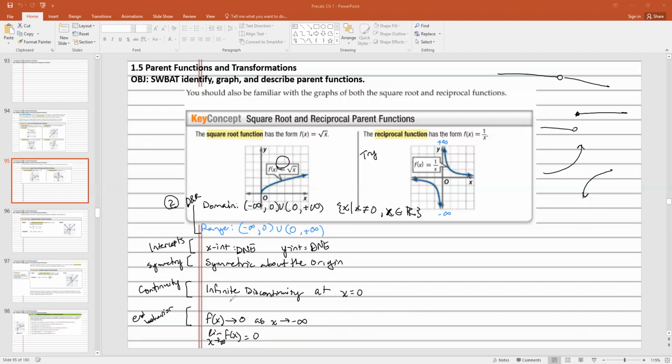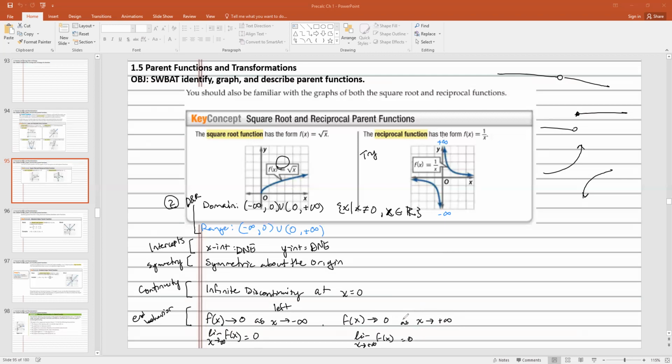Either way works. And you can also write f of x approaches 0 as it goes to the right, as x approaches positive infinity. So the limit of f of x as x approaches positive infinity equals 0.